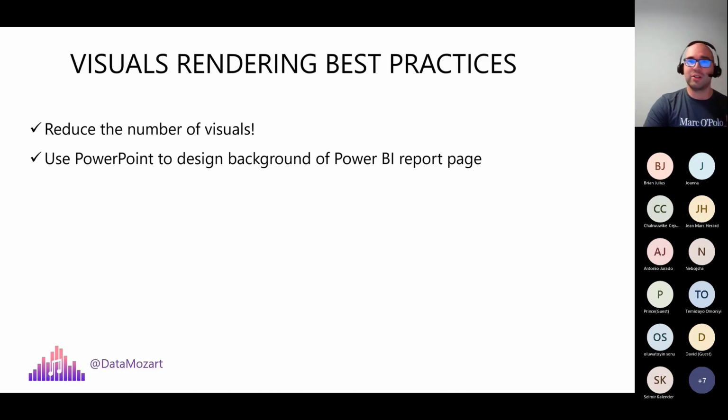There you can create your desirable page design with all those nice rectangles, icons, and so on. And then you can save this as an image or SVG file, and then you set this image as a page background in Power BI. So instead of having, I don't know, 10 different elements, you will have just one.